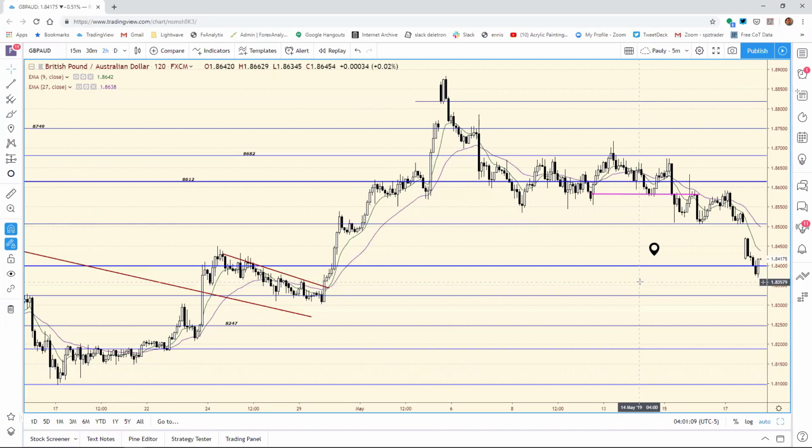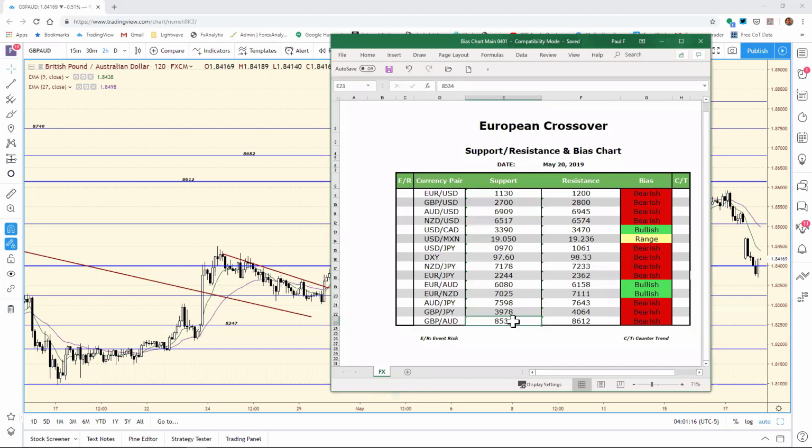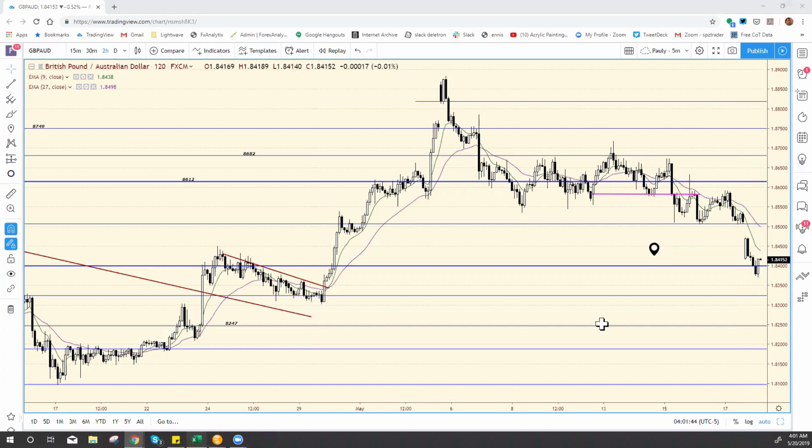Right there, we'll call it 83.58 for support. And resistance right there, 84.68. 84.69.